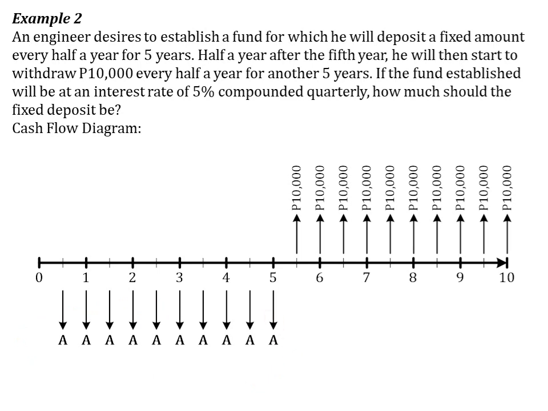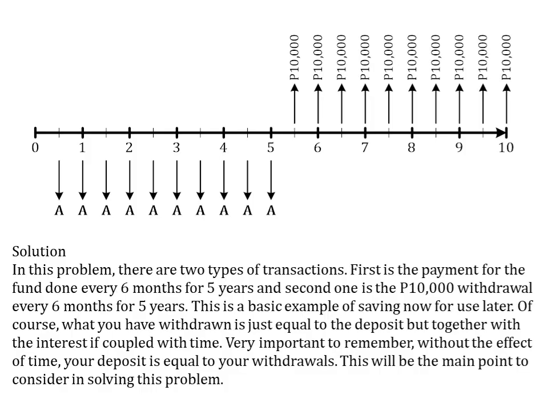Okay, let's analyze the problem. Now the solution for this example: in this problem, there are 2 types of transaction. First is the payment for the fund done every 6 months for 5 years, the deposit made every half a year for 5 years.